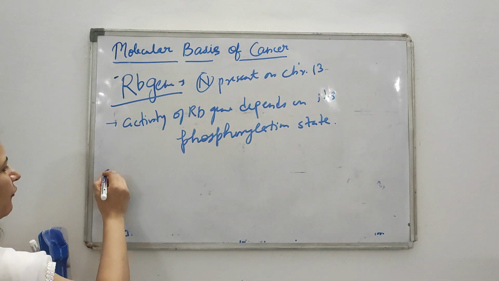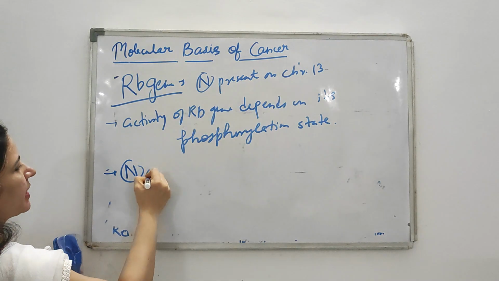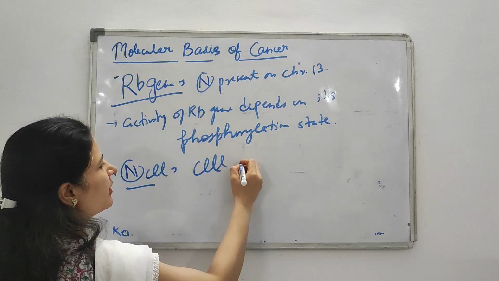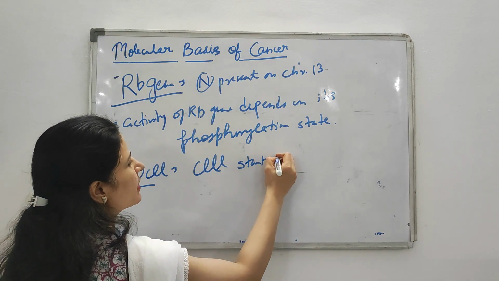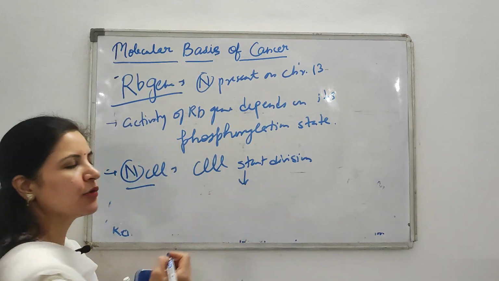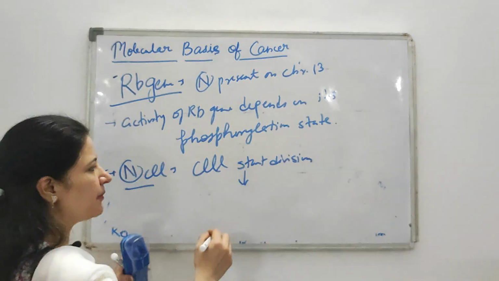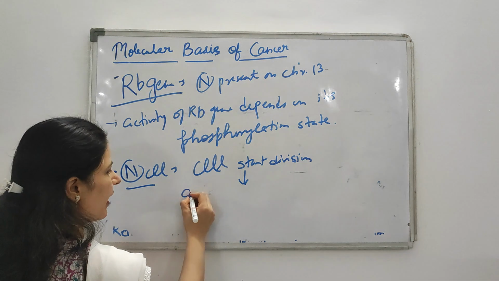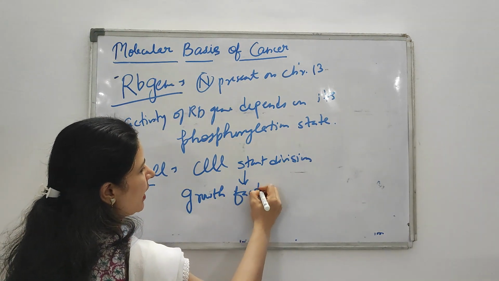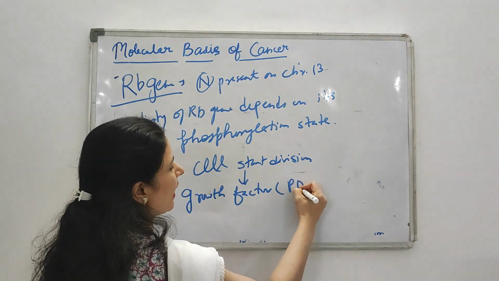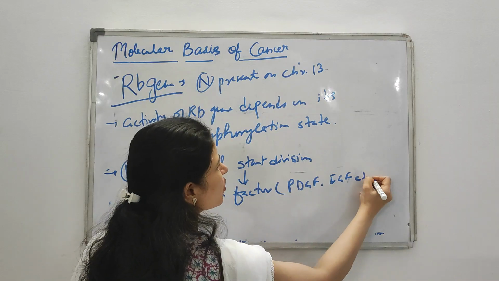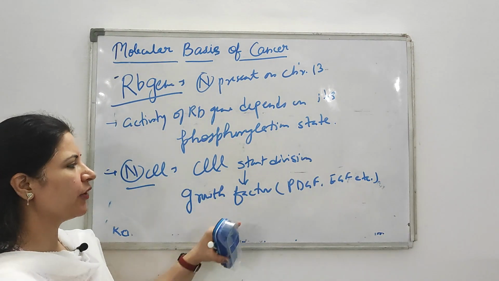Now we will see what happens in the normal cell. Suppose the cell wants to divide. As we studied in the previous lecture, when the cell starts to divide, growth factors are required, like platelet-derived growth factor, epidermal growth factor, etc. There are many kinds of growth factors required for cell division.